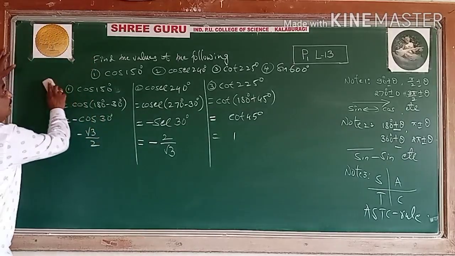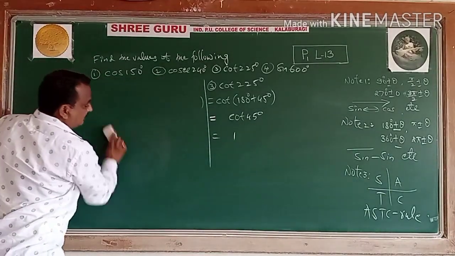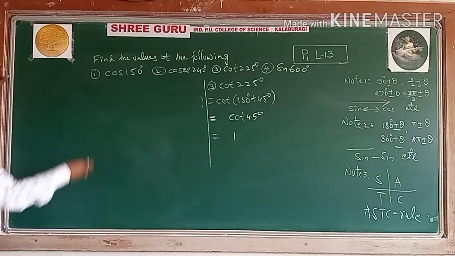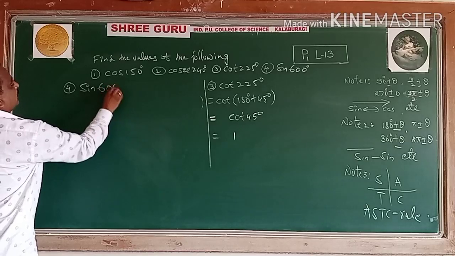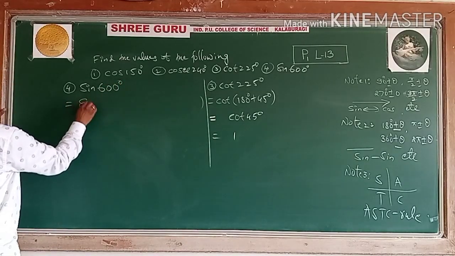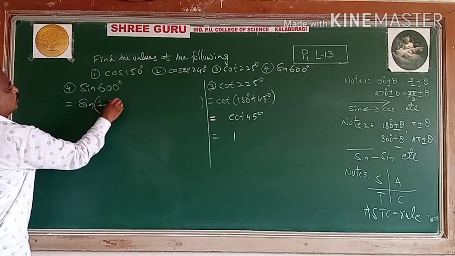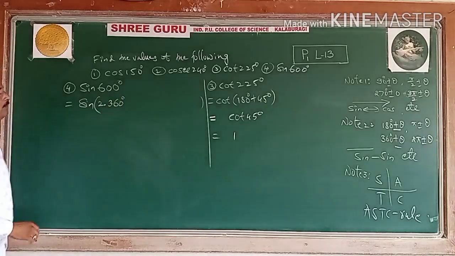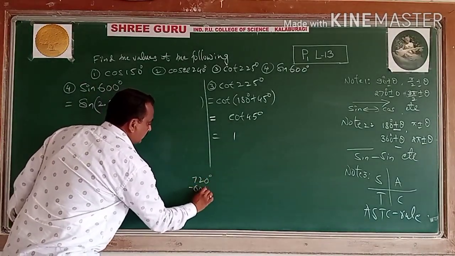Now see the fourth one, student, sine of 600 degree. Let us see, student. Shall I write sine 600 degree like that? 2 times 360 is how much? 720 degree. 720 minus 600, how much?